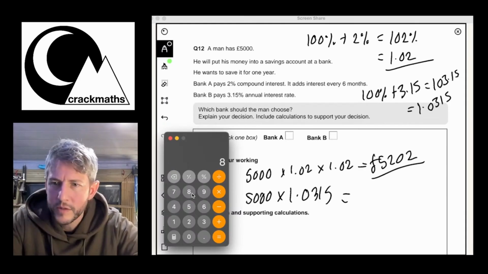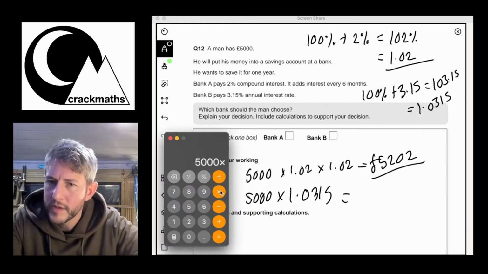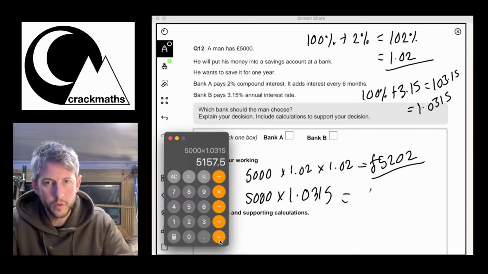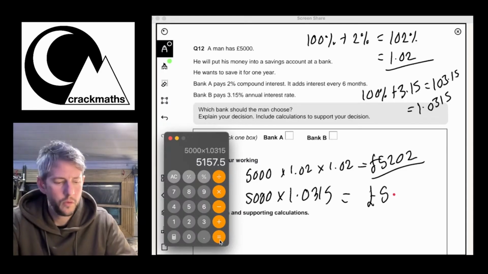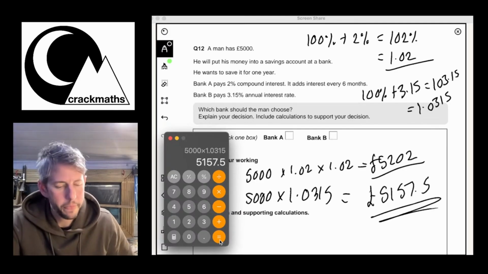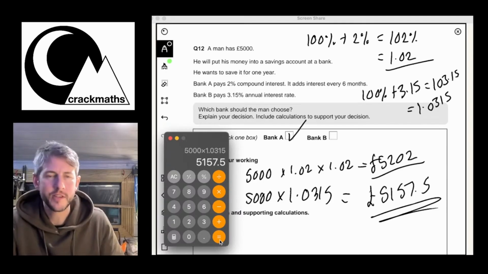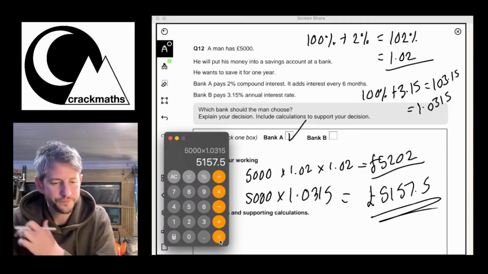So 5,000, oh, that's an 8. 5,000 times 1.0315. Okay, and that equals 5157.5. Okay, there we go. And we can see from this that Bank A is better. So we can give Bank A a tick.